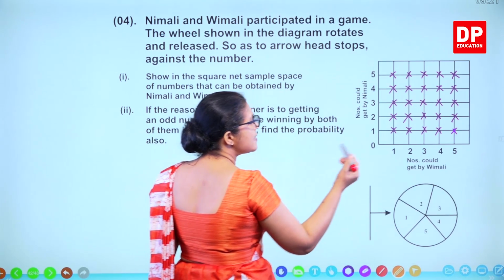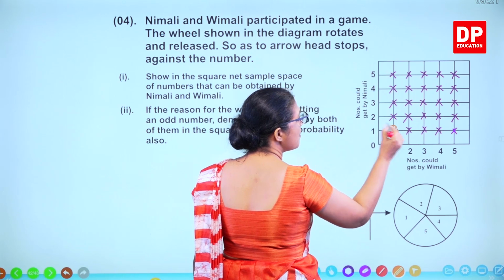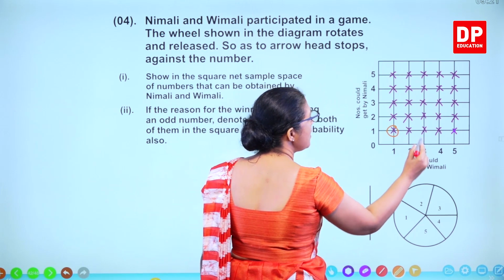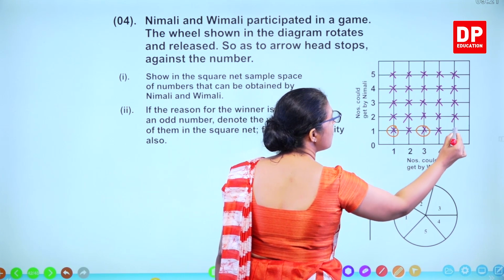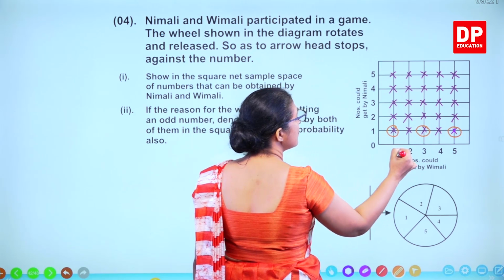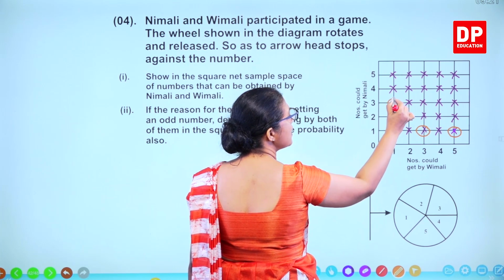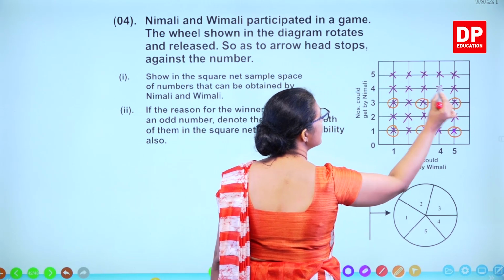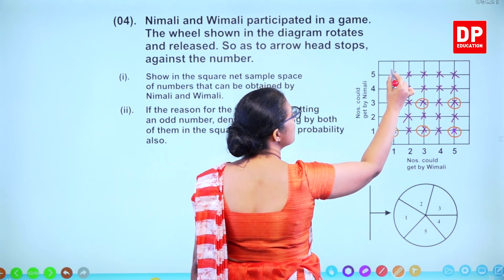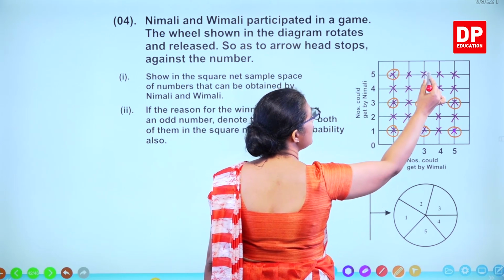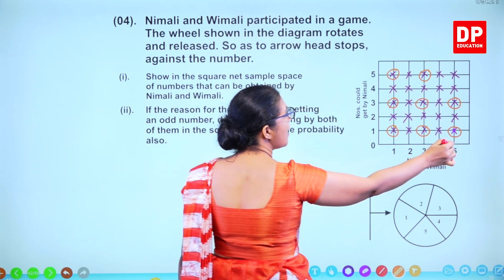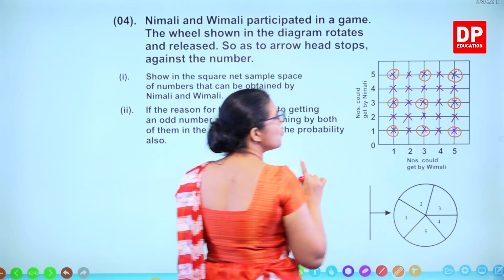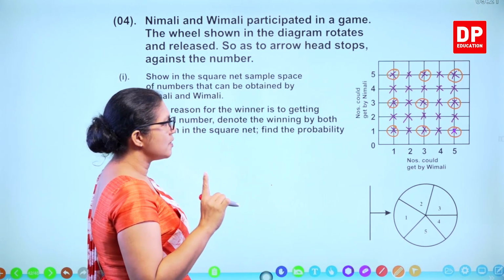Both odd means this is one possibility. 3, 1, 5, 1. Then 1 with 3, 3 with 3, 5 with 3. And 1 with 5, 3 with 5 and 5 with 5. So you get these possibilities.